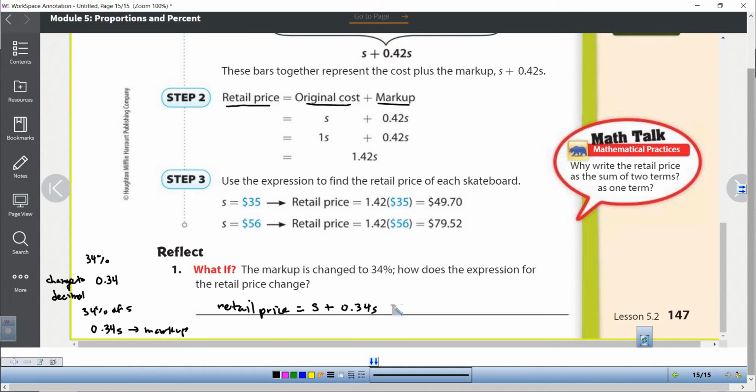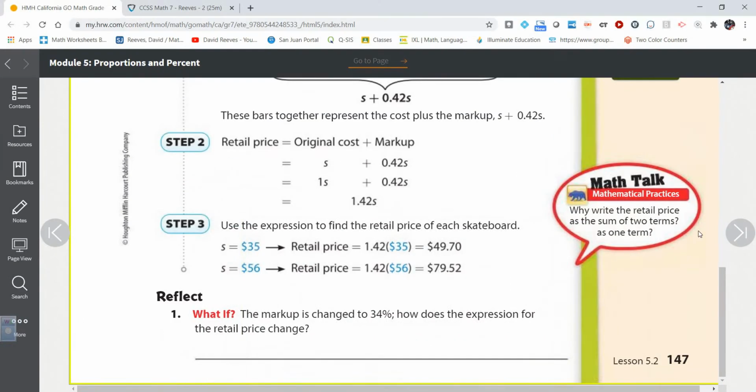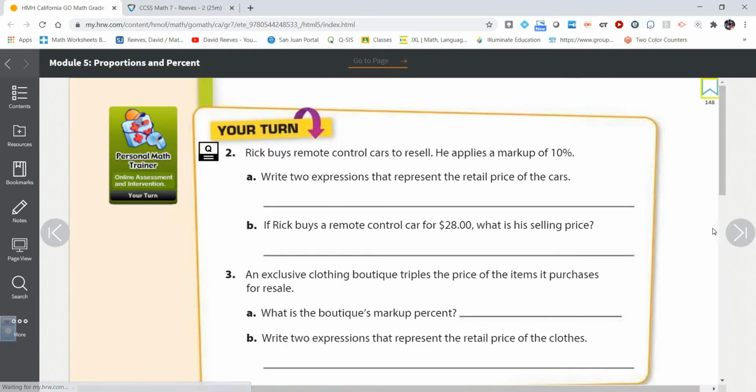Which would be the same thing as 1.34S, or 134% of the original. Get it? Got it? Good.